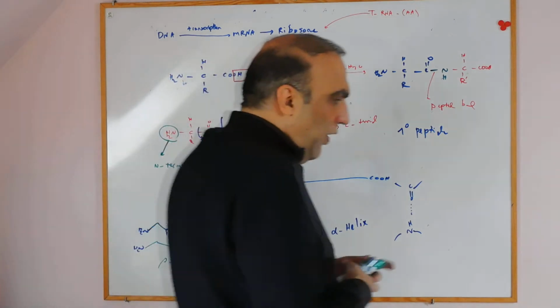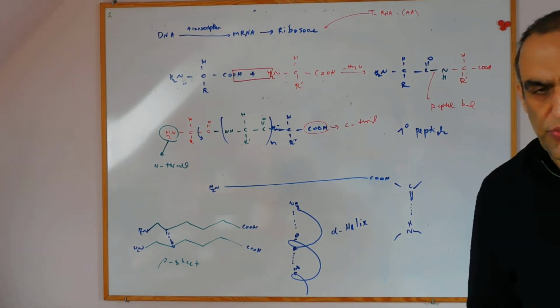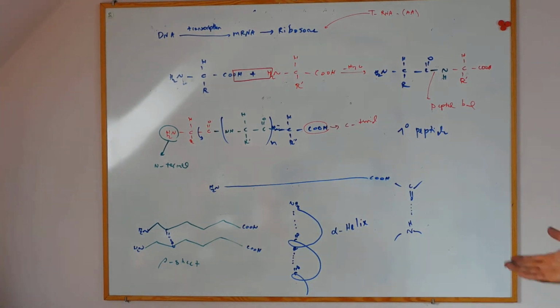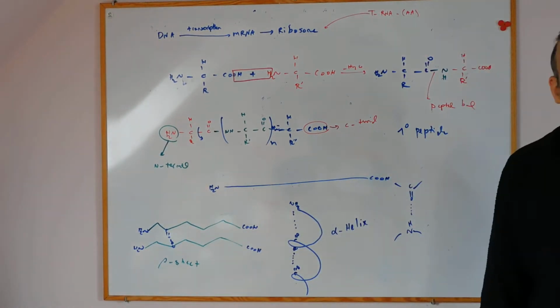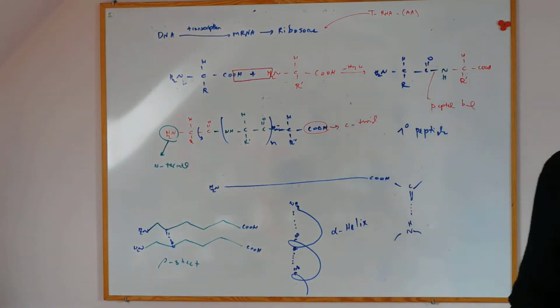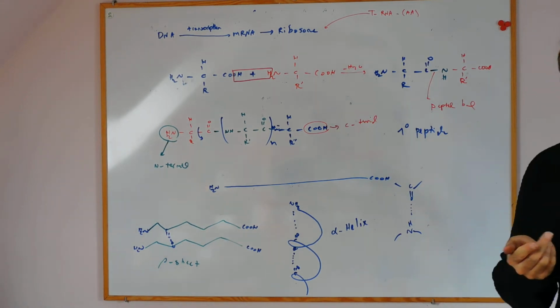We will have other structures as well. The secondary structure is very important in biochemistry. And as you see here, they have just hydrogen bonds and the primary structure with the peptide bond.